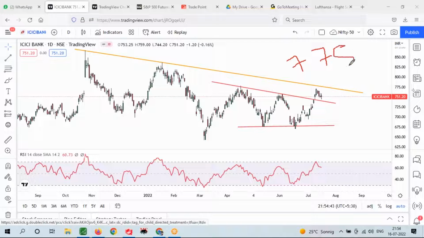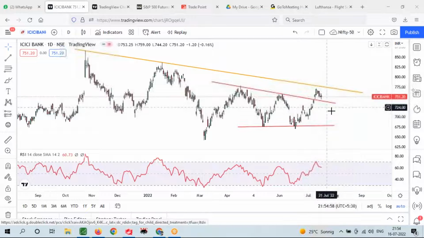If you have missed it, then keep whatever low is here at that moment as the stop loss. When 778 is crossed, check the low. If this low is not breached, that is 744, this is the Friday high low, then that would be the stop loss. Then you can play for the range.